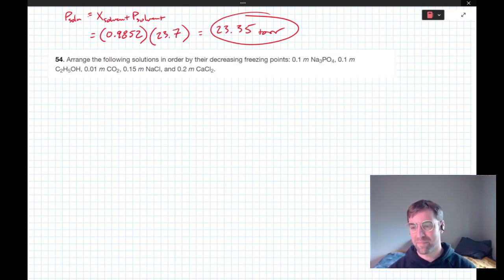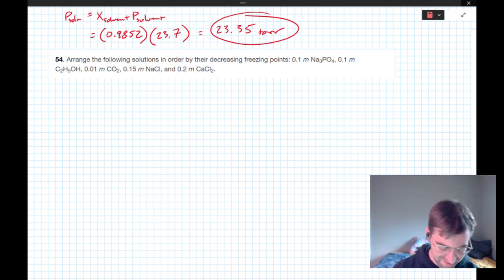Arrange the following solutions by their decreasing freezing points.